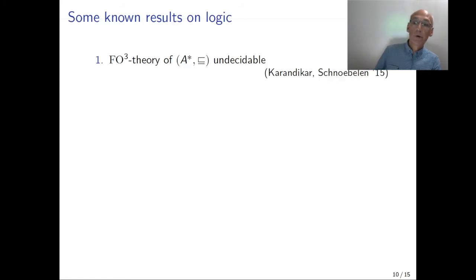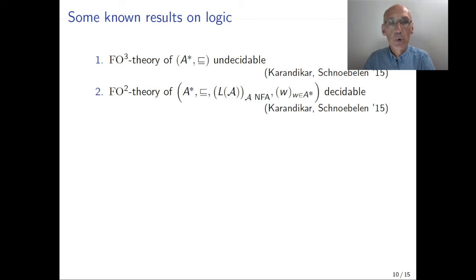Now, some known results in this context. First, Kuske and Schwarz in 2015 showed that the FO3 theory, 3 variable names, x, y, and z, and no thresholds, is undecidable even without regular predicates or constants. A remarkable result.